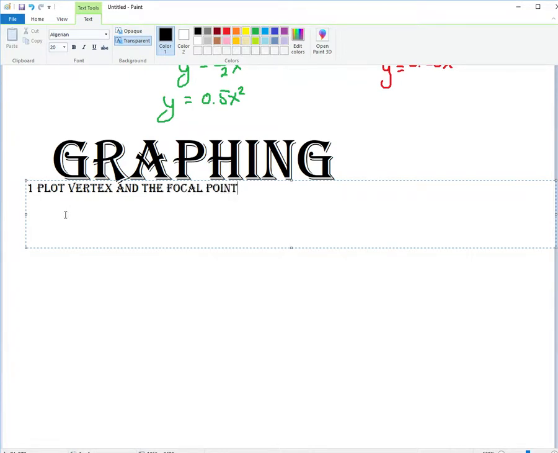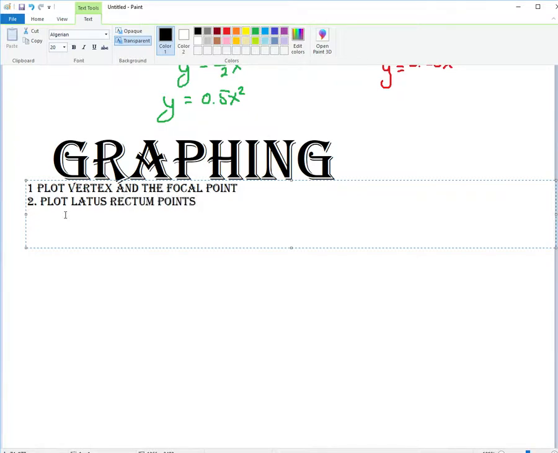That's if you are given both of those pieces of information, you are going to plot them onto your grid. The next thing you're going to do is plot your latus rectum points.